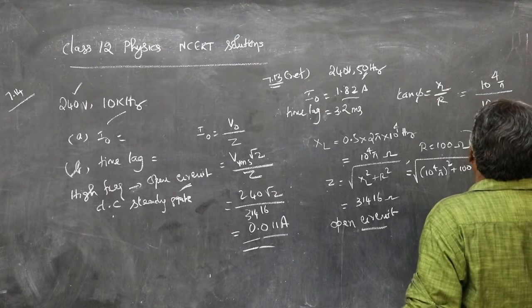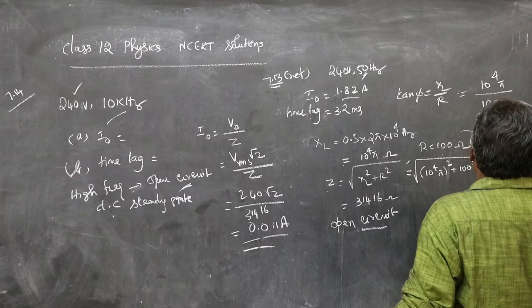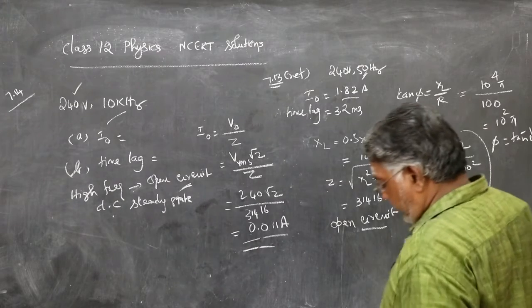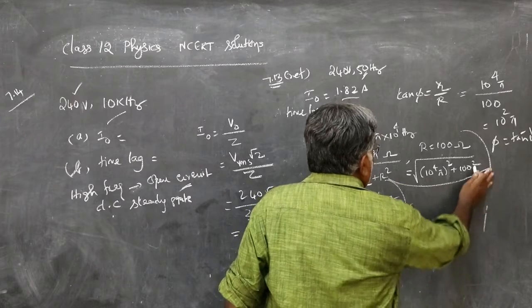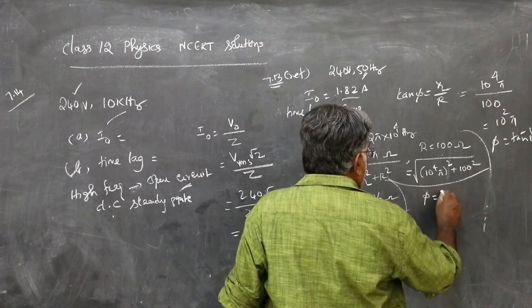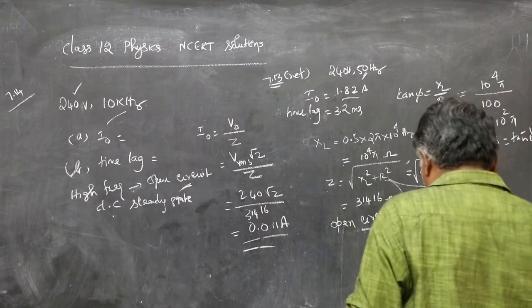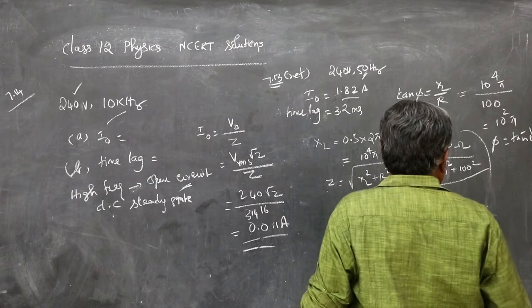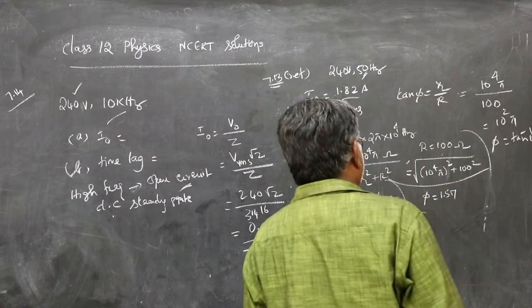So phi is tan inverse of 100 pi. Phi is tan inverse of 100 pi. That will be equal to around pi by 2, you will get the value to be 1.57 radian.